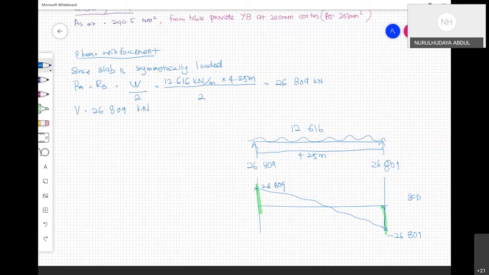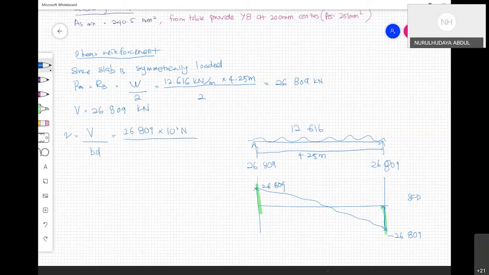And then we need to find the shear stress. Okay, shear stress at cross section, which is kita akan pakai formula maximum shear force divide by BD. Okay, jadi maximum shear force kita is 26.809. You need to change it into Newton.